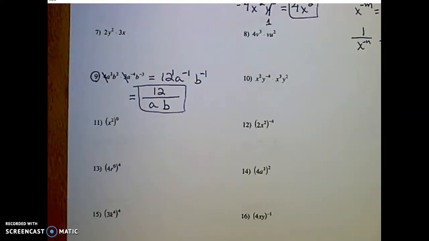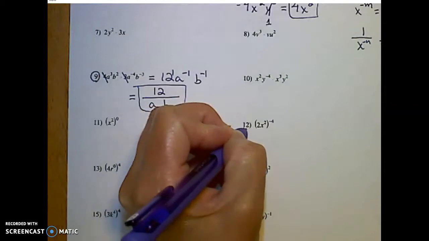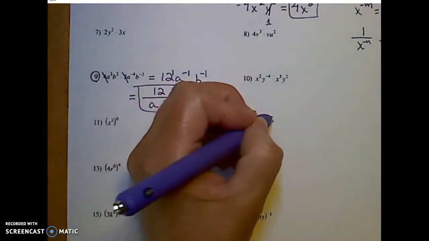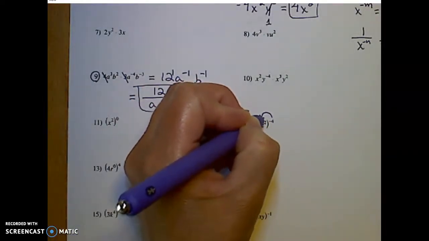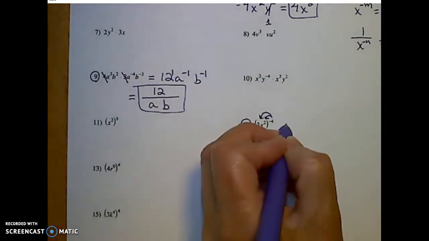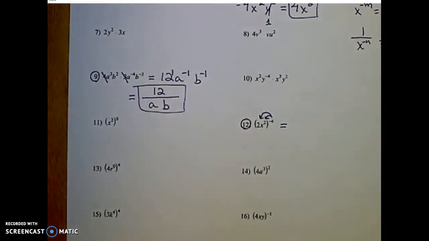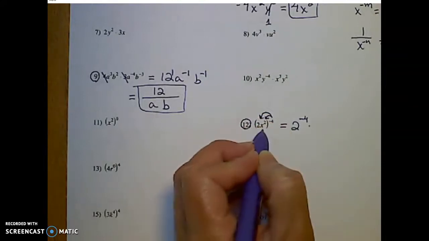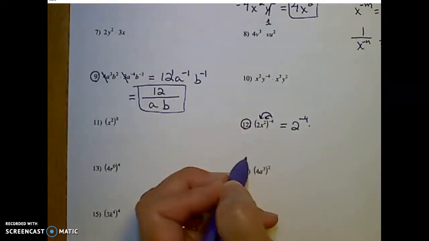If you want to quiz yourself first, I'm going to look at number 12. Think about what you would do for number 12. I myself would raise everything inside to that power first. You could move that down because it's a negative exponent, but I'm going to raise everything inside to the negative fourth power. So that becomes 2 to the negative fourth times x squared to the negative fourth.